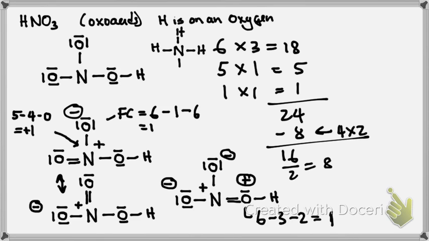Okay, we're good, right? We're going to keep going then. So that's resonance, and I'm going to cheat again. I'm back to this guy, and I'm going to modify it a little bit. Get rid of that hydrogen and put one double bond in.